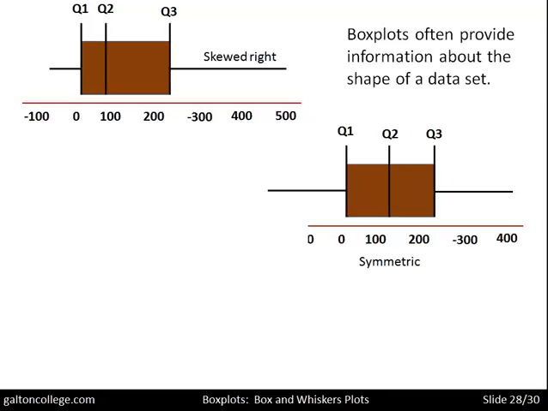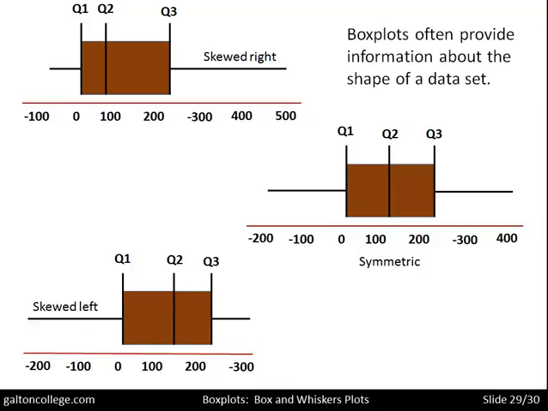It could be symmetric. It could be equal, that the whiskers in this case are equal on either side. The one on the top on the left, it's skewed to the right. The whisker on the right is much longer than the one on the left. So the symmetric one, both are equal. And obviously the one on the bottom left is skewed to the left. The whisker on the left is much longer than the whisker on the right.